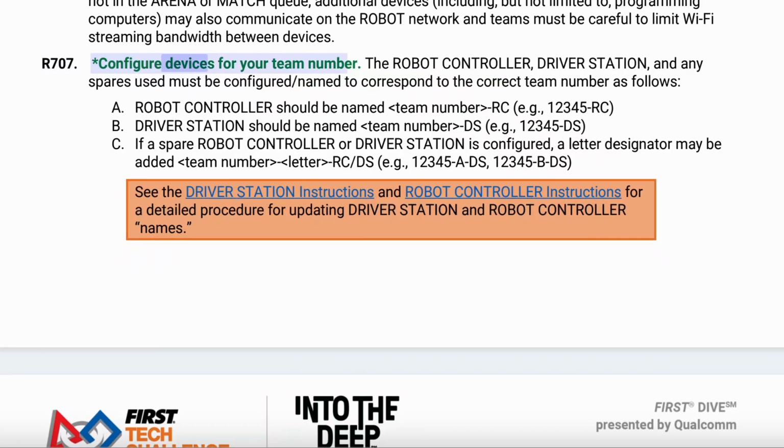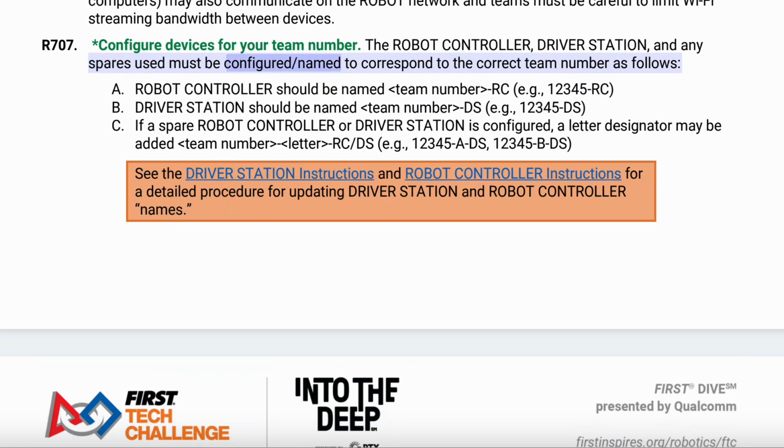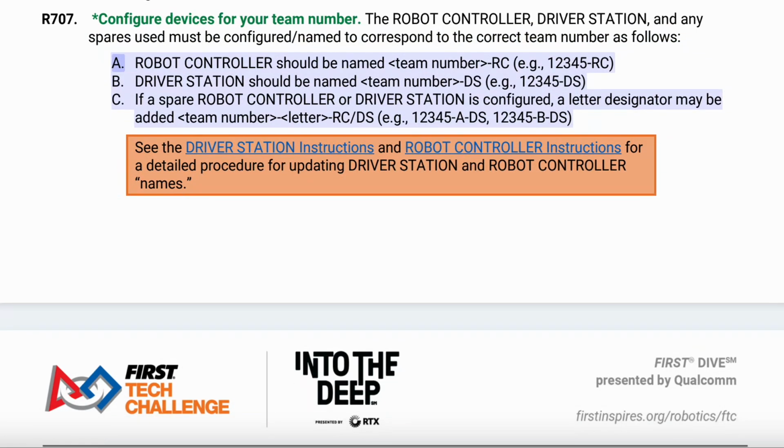R707. Configure devices for your team number. The robot controller, driver station, and any spares used must be named to correspond to the correct team number as follows. A. Robot controller should be named <team number>-RC, e.g. 12345-RC-B. Driver station should be named <team number>-DS, e.g. 12345-DS-C.